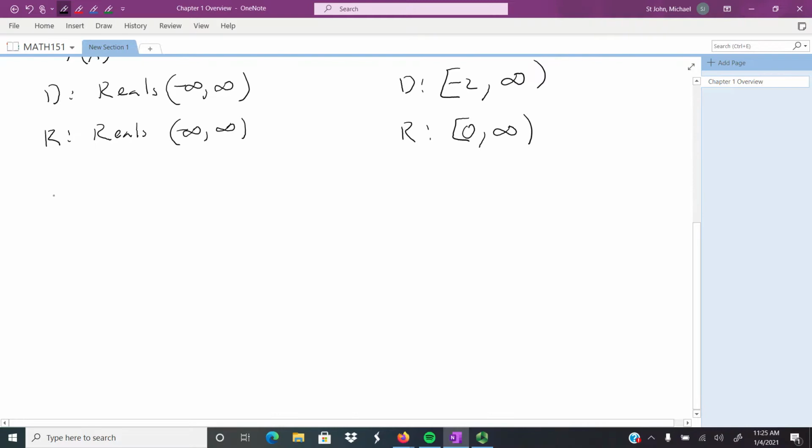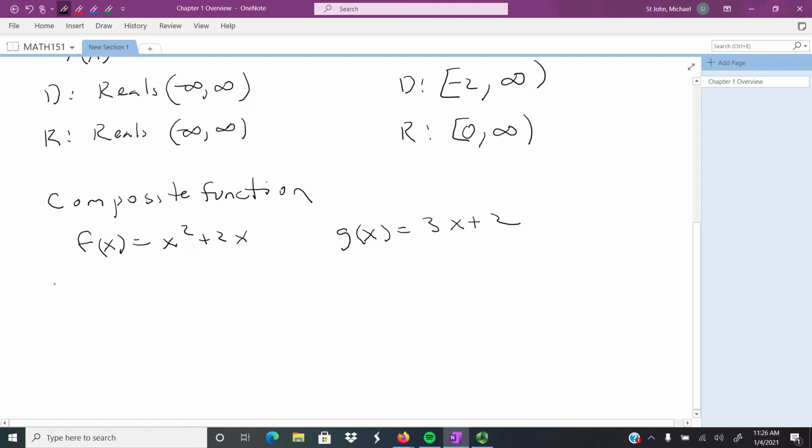Other things you've seen before are those things called composite functions. So, for example, let's say that f of x is going to be x squared plus 2x. And then g of x is going to be 3x plus 2.